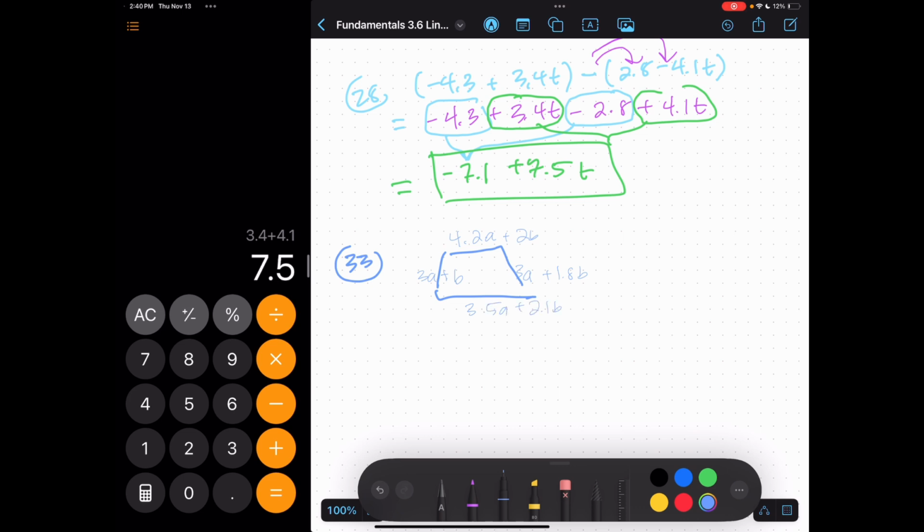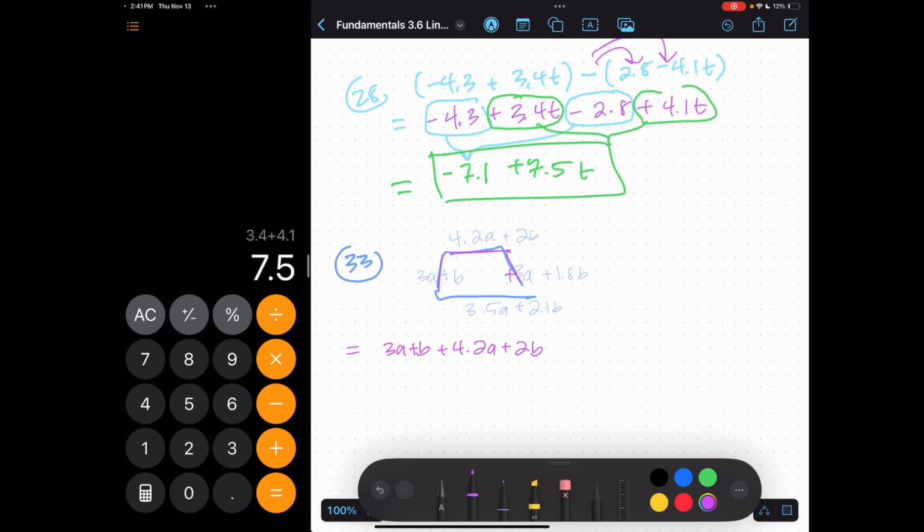There is no need for parentheses in any of this because we're just adding all the way across, even with the variables involved. So you're literally just going to pick a side. Let's start here, 3a plus b. And let's go here. This is a positive 4.2a plus 2b.